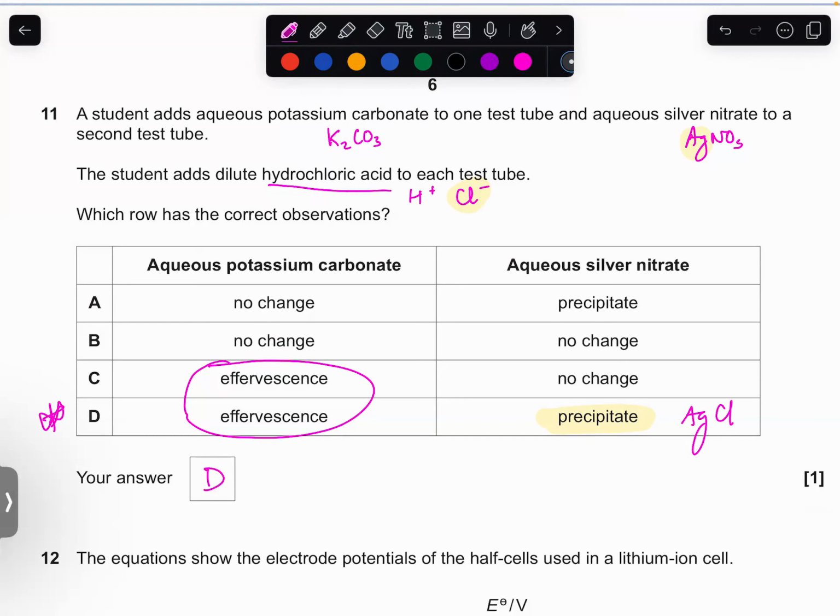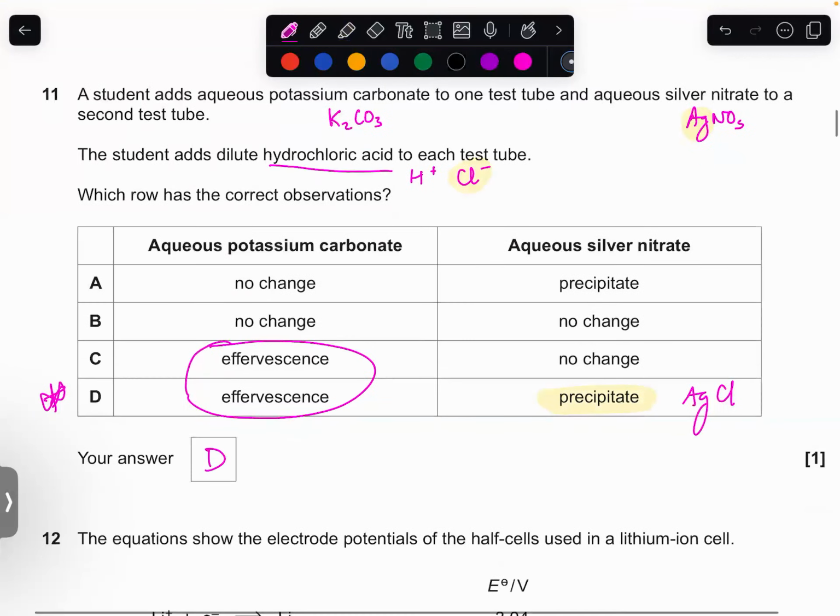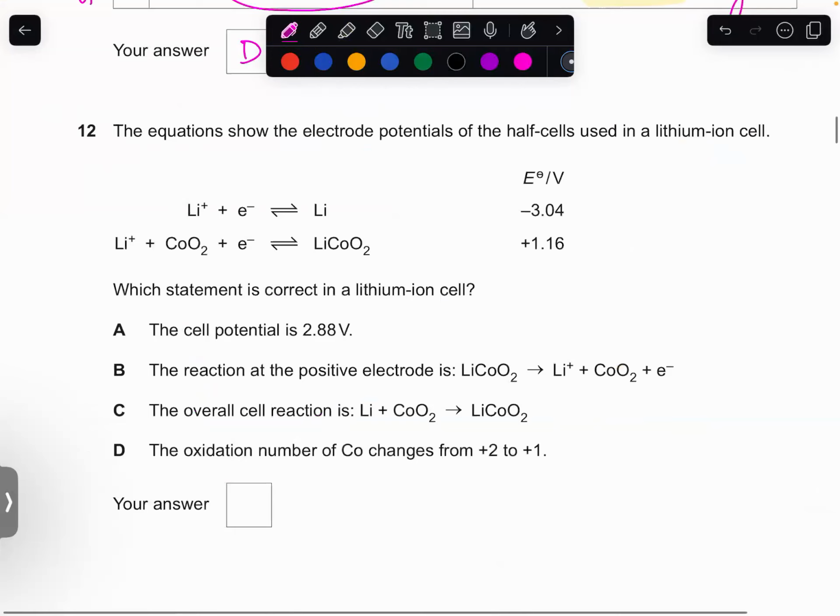Moving on. We've got a question on electrode potentials. You've got 2 electrode potentials here for a lithium ion cell. You've got the 2 half cells, and you see which is the correct statement. So we'll go through each of these possible answers.